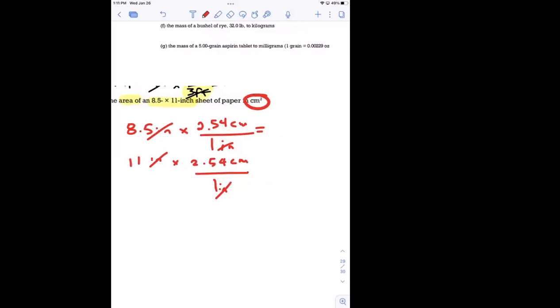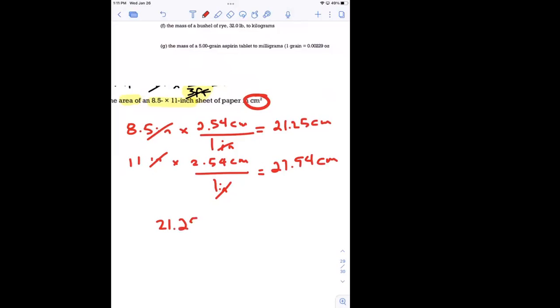I got 21.25 centimeters. 21.25 centimeters, good. And what about for the 11 times 2.54? 27.94 centimeters. All right. Again, inches are going to cancel. You're left with centimeters. And then from here, we can calculate the area in centimeters squared.